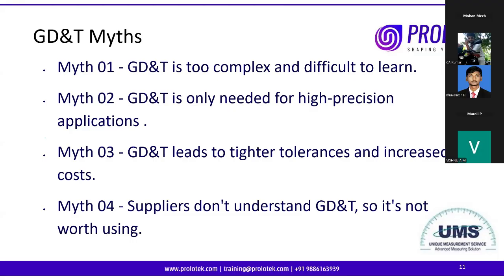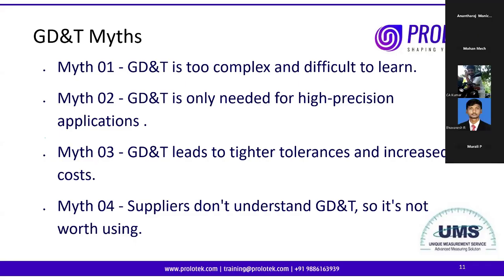Another important change you can see in 2018 is that nowadays, many of the companies are going forward with a concept called model-based definition. In model-based definition, we give the dimensions, dimensional tolerances, geometrical tolerances, all the requirements in a 3D model itself, and then import that 3D model into a manufacturing system, a sophisticated CNC machine. And then the CNC machine is capable of reading the 3D model and producing the part.